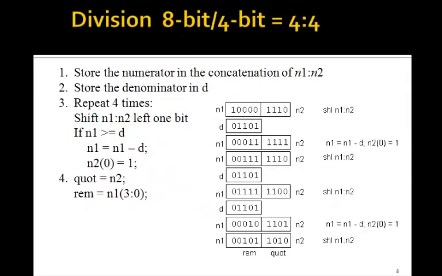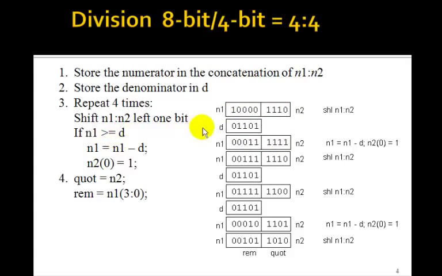Now we can summarize it in this pseudocode here. What we do is we store the numerator in the concatenation of n1 and n2, as shown here, and we store the denominator in d. Then, since it's 4 bits, we repeat 4 times: shift n1, n2 left 1 bit. Right? That's what we've done here.